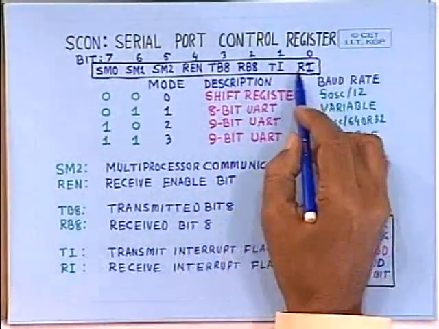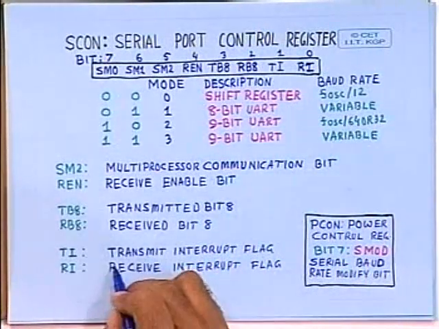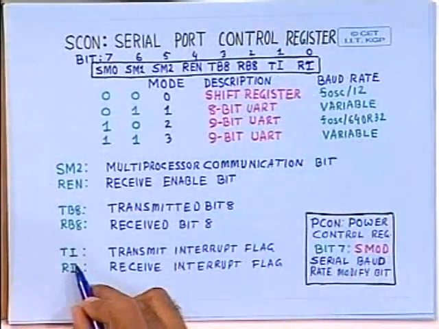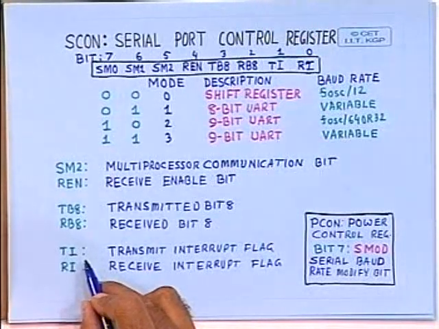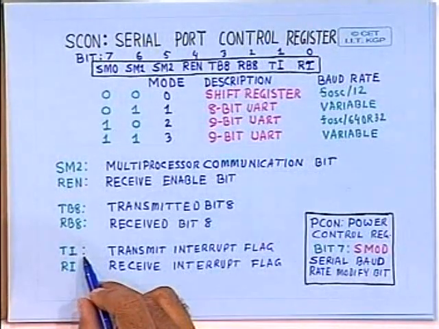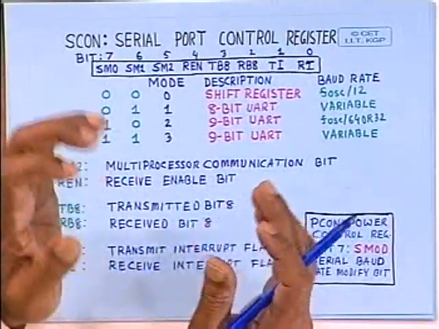Now we are left with 2 more bits, that is TI and RI. TI stands for transmit interrupt flag. That means this is used for interrupting the processor. Whenever one particular byte of data is transmitted, after the completion of the transfer, this interrupt flag is automatically set by hardware, and it can be reset by programming, or whenever the processor jumps to the interrupt subroutine, this bit is automatically reset.